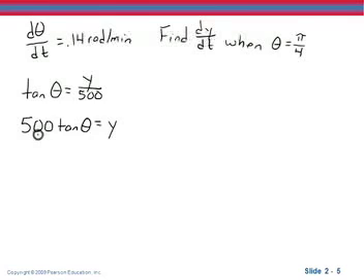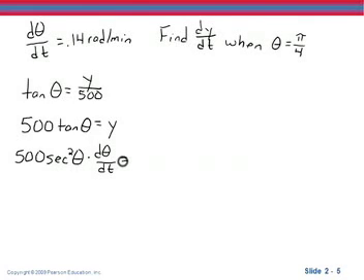Now I can go through and differentiate. On the left I have 500 tangent theta, and 500 is a constant multiple. When we take the derivative of tangent theta, that's secant squared theta. But remember, once we take the derivative, we've got to multiply by the change in theta with respect to time. Now on the right-hand side, the only information we have is y, so we're going to be taking the derivative of y with respect to time.